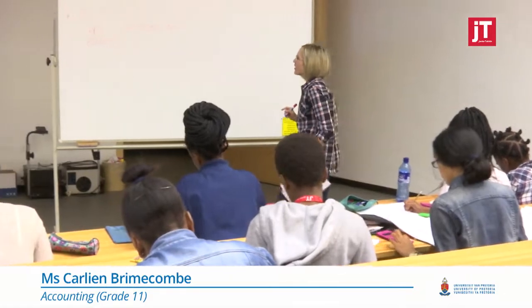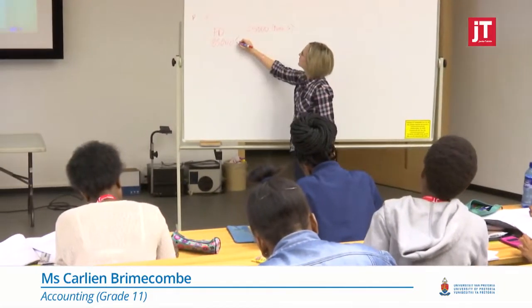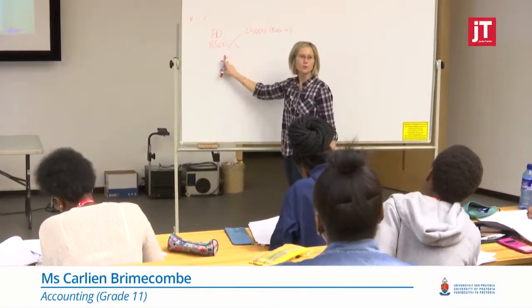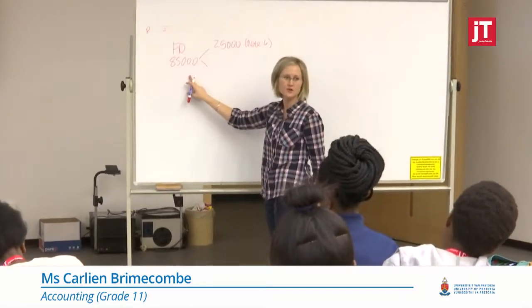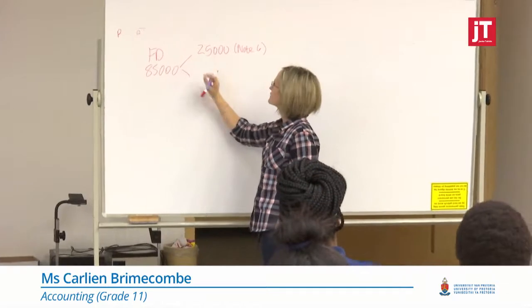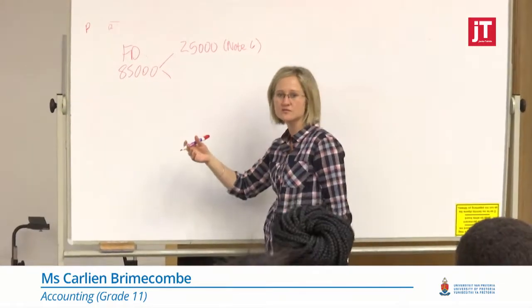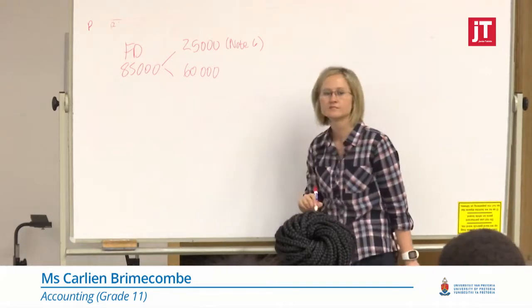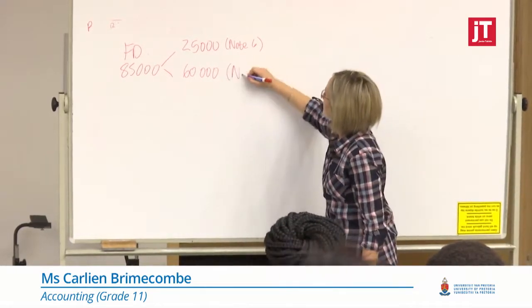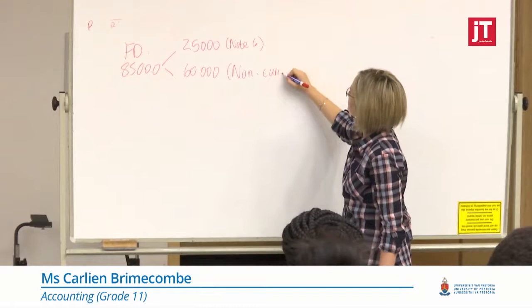And then that 25,000 must be added to cash and cash equivalents. And then on your balance sheet, what will be your non-current assets for fixed deposit? 85,000 minus 25,000 equals 60,000. And this will form part of non-current.